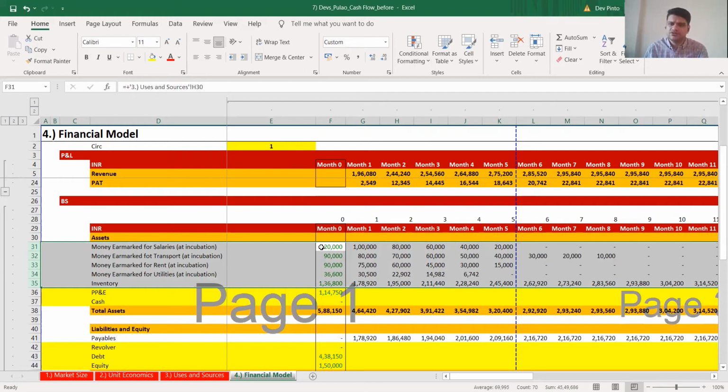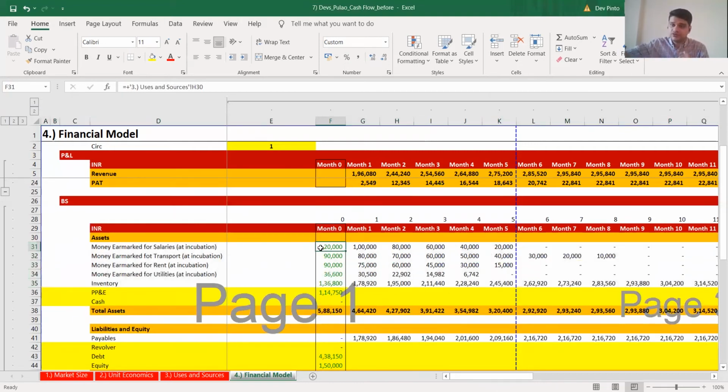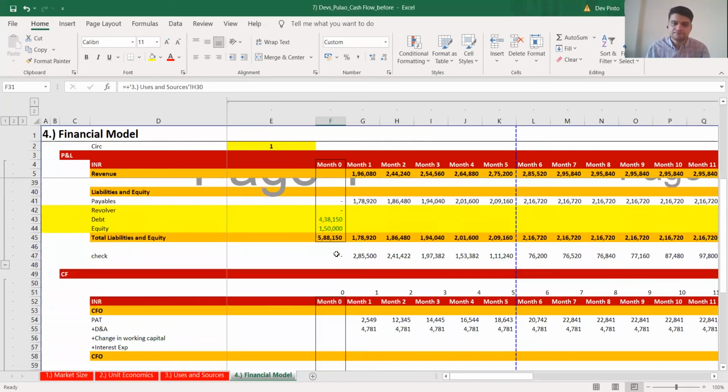We sold 1140 or so units of Pulao in the first month, and hence we generated cash from operations. But because we budgeted for this on the balance sheet, we are paying for those costs from the cash we've kept on the balance sheet, even though we can pay for it from the operations. So in essence, it's being accounted for twice. So we have to make that adjustment on the cash flow statement.